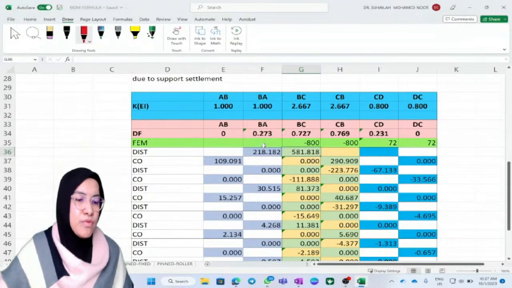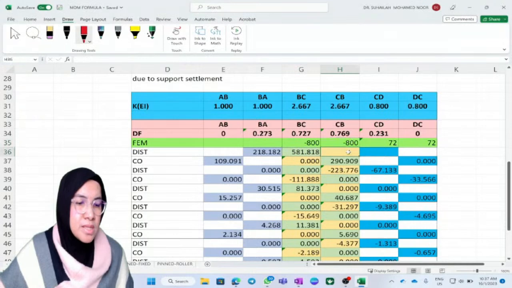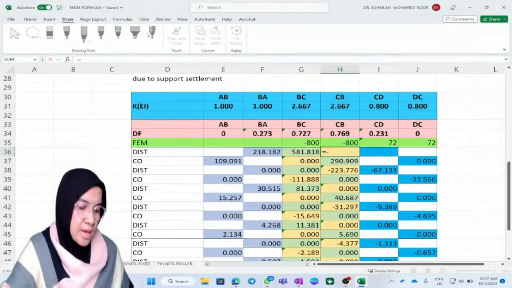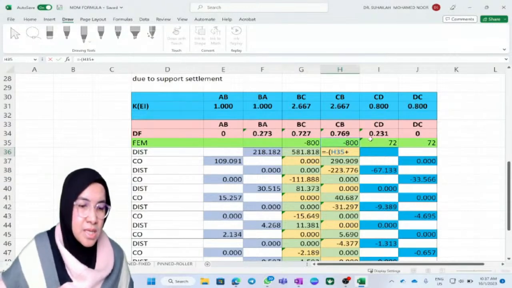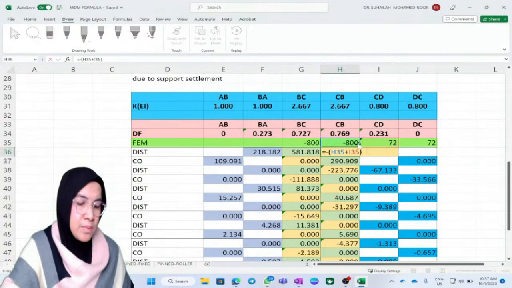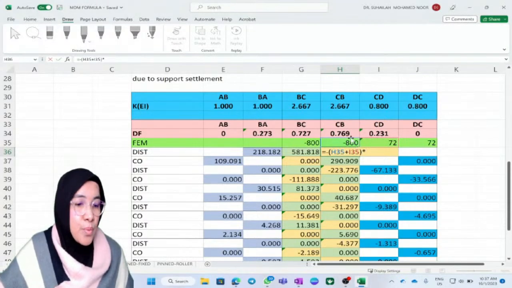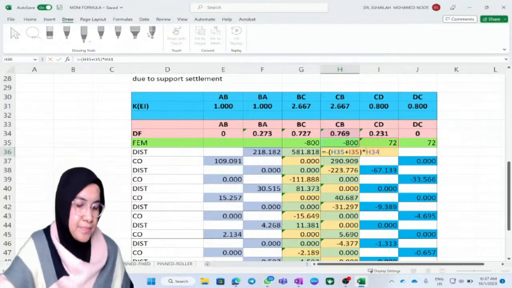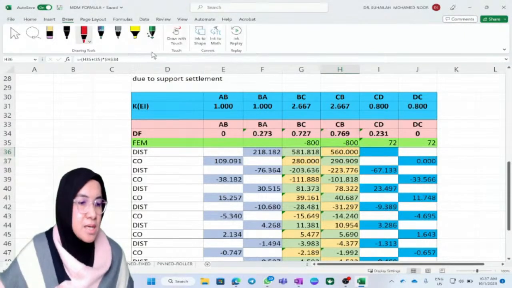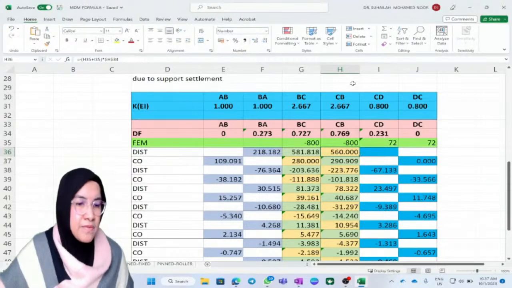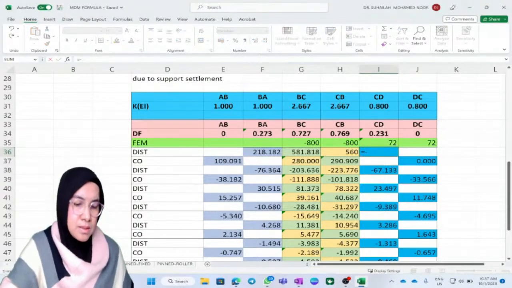Okay, and then we move to joint C. At joint C we have negative 872, times the factor 0.769, giving 560.